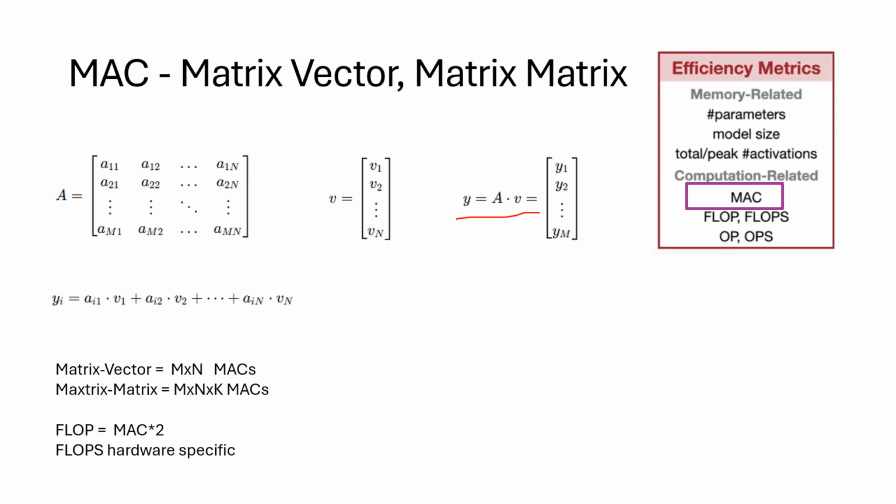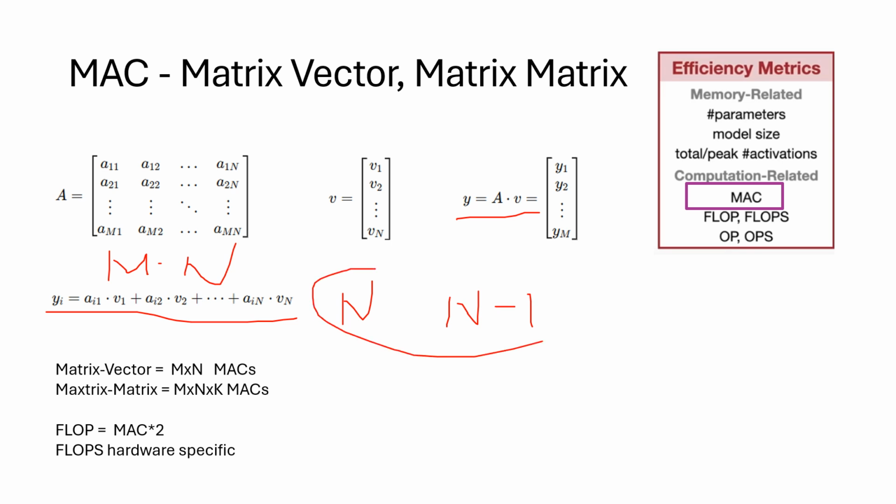The A has a dimension m times n here, and we need to do this dot product m times in order to achieve this new vector. If we look at this dot product, we see we are going to do n multiplications and also n minus 1 accumulations.